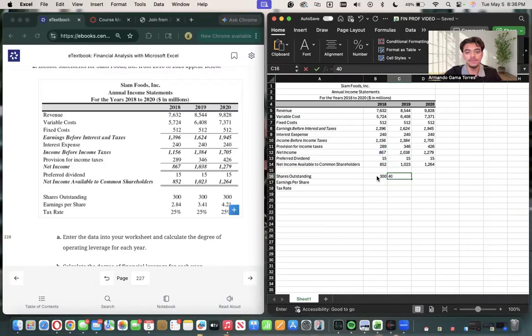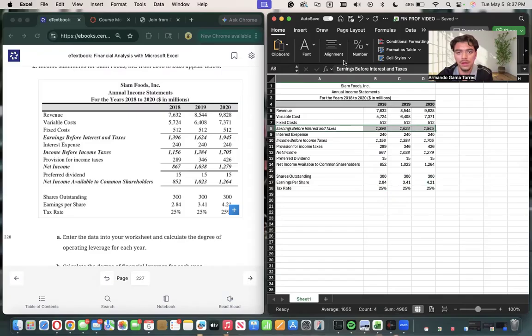These, I just highlight as our intermediary calculations.